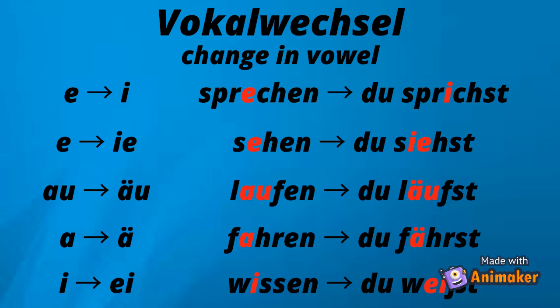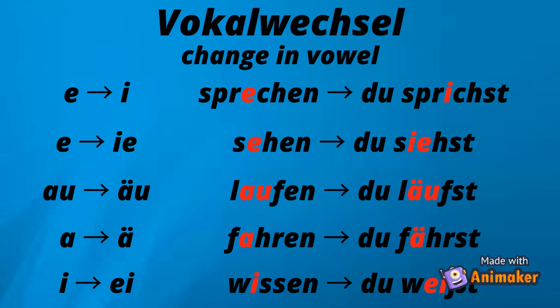In the next two cases, notice the change in the sound. AU changes to A with umlaut and U. For example, laufen, that means to run, becomes du läufst. In the next case, A changes to A with umlaut.